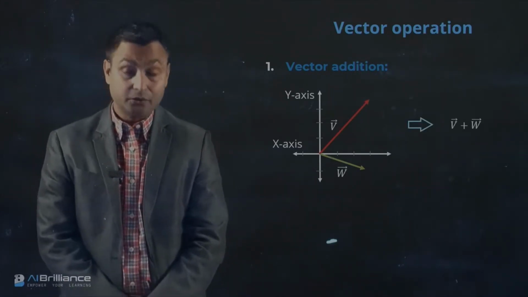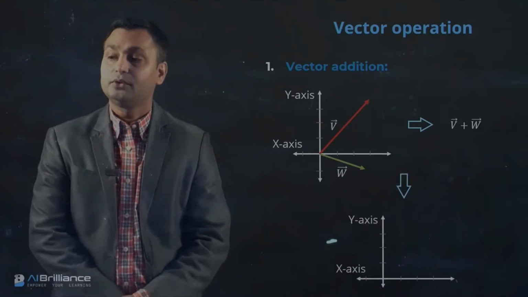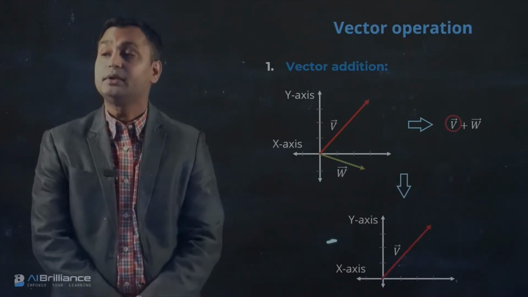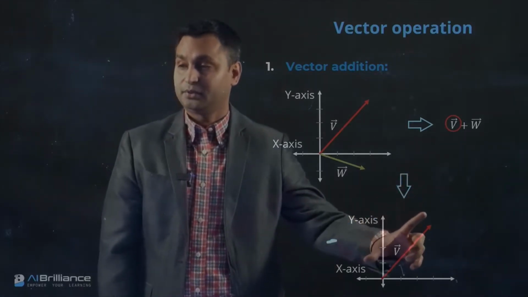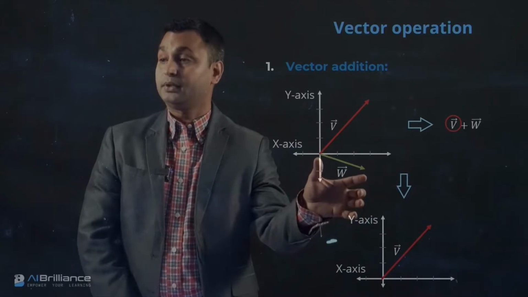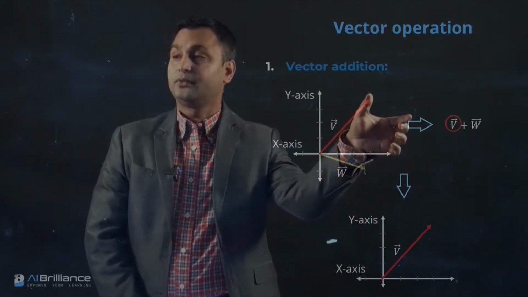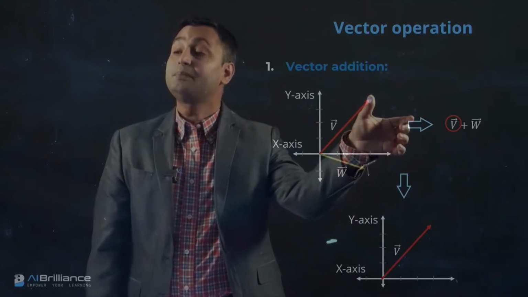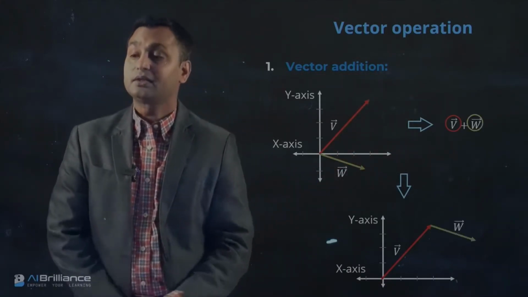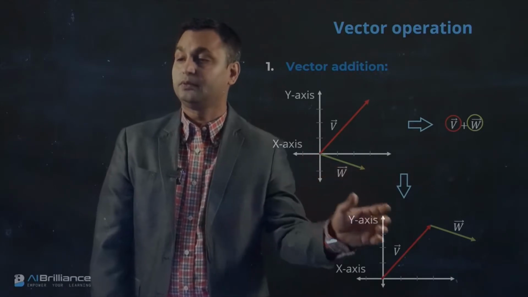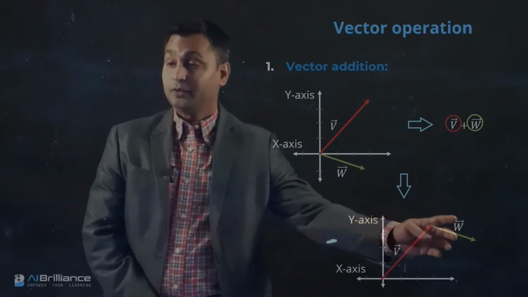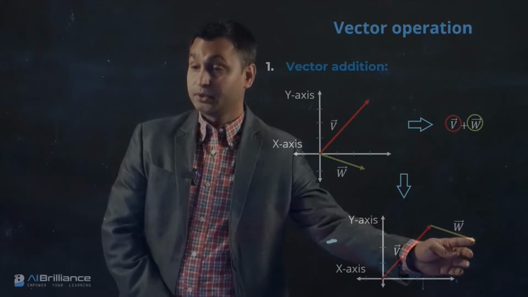Okay, so in order for us to do this operation, what is essentially done geometrically is you will initially have the v vector, which is the starting vector. Then you take the w vector and translate it to the tip of the v vector. This translation shifts the w vector to the tip of v, and we arrive at a new tip.